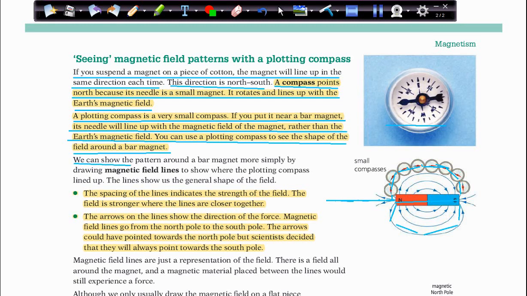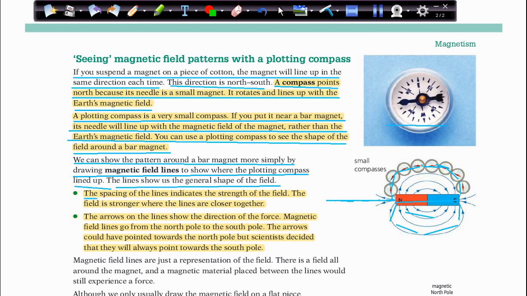We can show the pattern around a bar magnet more simply by drawing magnetic field lines to show where the plotting compass lined up. The lines show us the general shape of the field. As you can see with these arrows, they show us the field around the bar magnet.